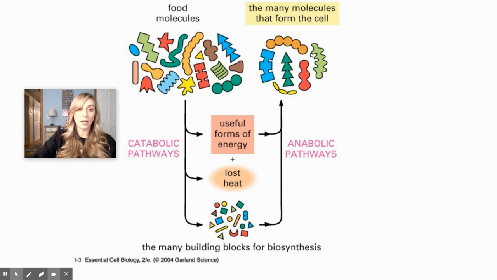What other molecules our body uses that energy for depends upon what processes need the energy: moving material, fighting infection, building other biomolecules, locomotion in general. And with all of those catabolic pathways, the energy is not going to be a complete transfer. Some of it's going to be lost as heat.